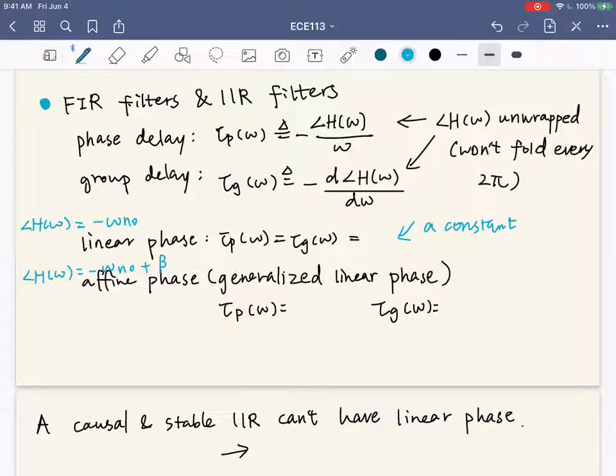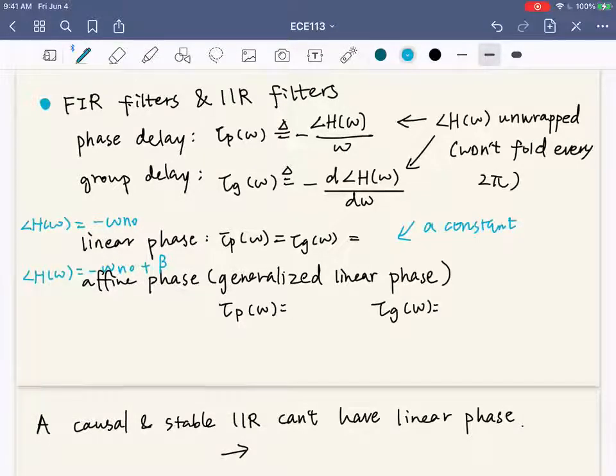Okay, and I hope you guys already remember the expressions for phase delay and group delay, and I hope you understand that the group delay is the most important parameter when we talk about linear phase.